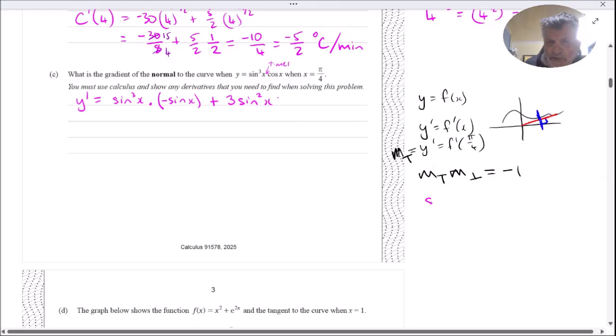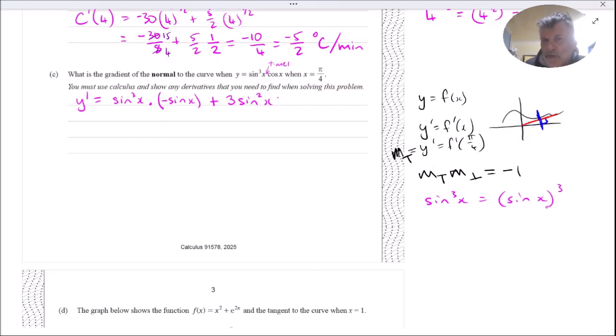So remember that sine cubed x is basically shorthand for sine x all cubed. So this is a power function with a trig function inside. So you use the power rule and then the composite function rule, the chain rule.